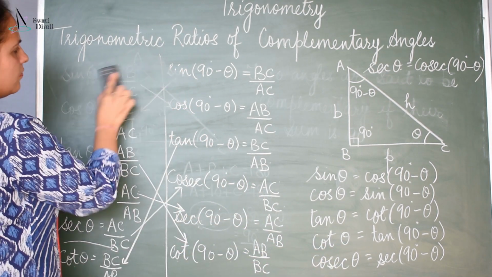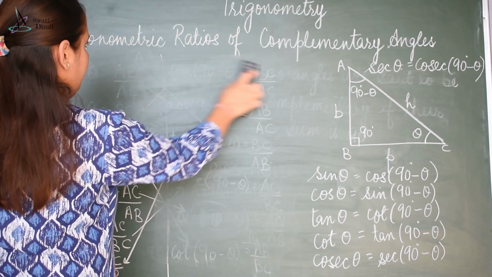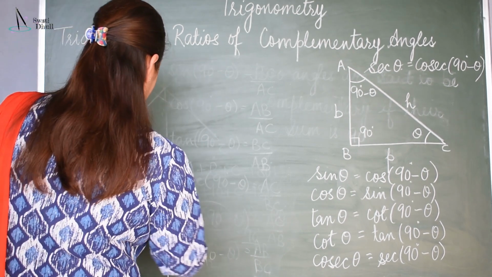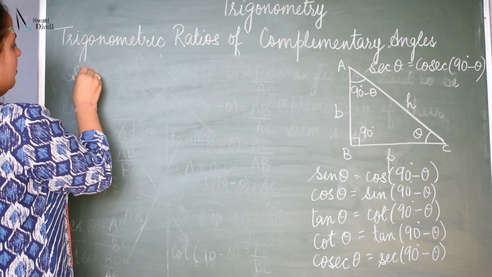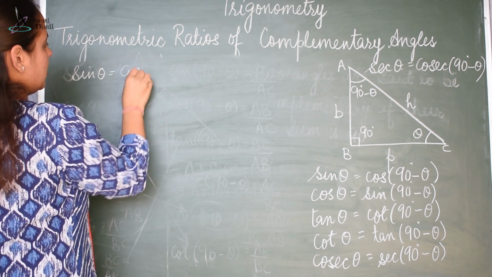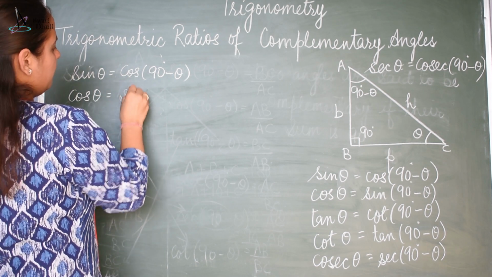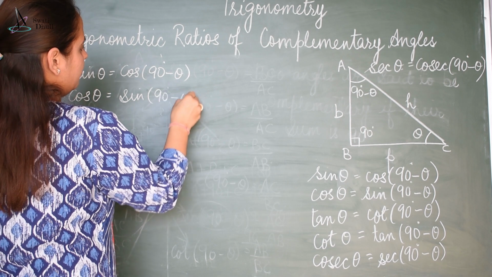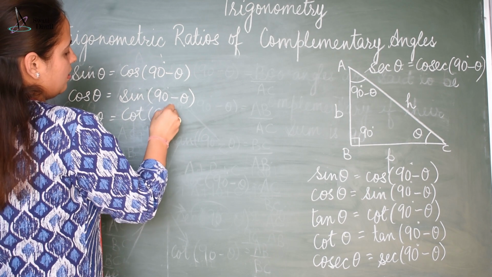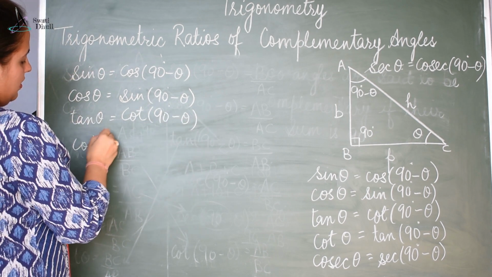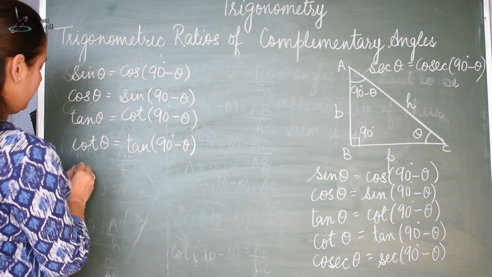Now let us take examples based on it. Or if I write here, sin theta is equal to cos 90 minus theta, cos theta is equal to sin 90 minus theta, tan theta is equal to cot 90 minus theta and cot theta is equal to tan 90 minus theta.